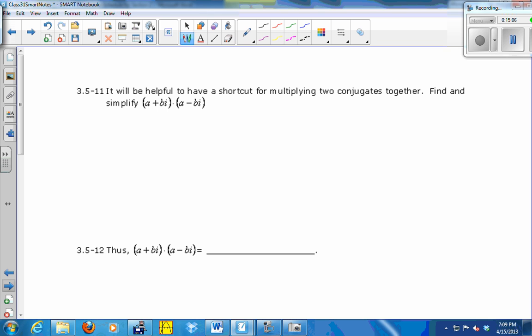Okay, so it's going to be helpful to have a shortcut for multiplying two conjugates together. So I want to multiply a plus bi times a minus bi. I'm just going to FOIL it out. I'm going to have a squared minus abi plus abi minus b squared i squared. Just did FOIL.